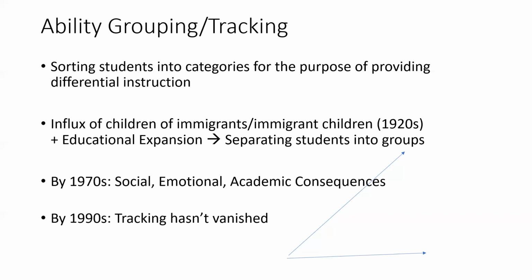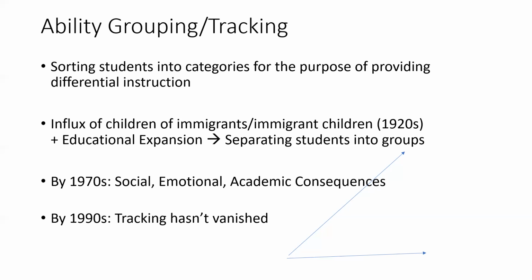by ability groups. And so there was a claim that different types of students were going to school and they needed to have education that was targeted to their needs. So you had regular courses, and then you had these special programs. One was a vocational program, and another one was a college prep program.